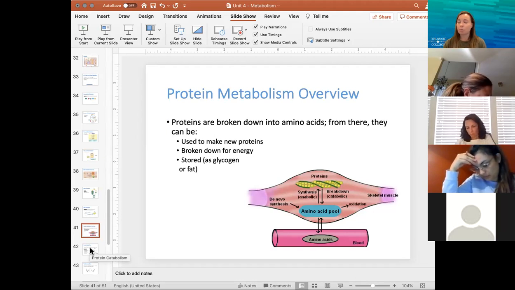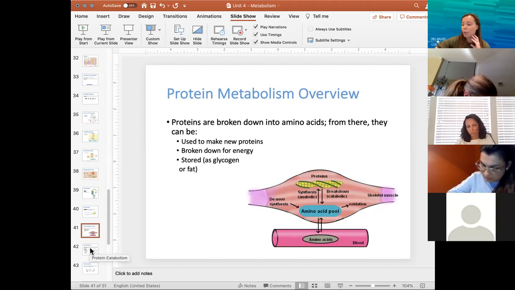Proteins will be broken down into amino acids. That's the first step there. But what you can add here is that most of these amino acids are reused to make new, different proteins.